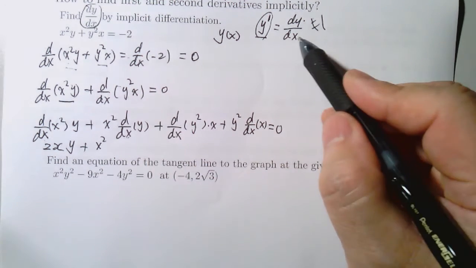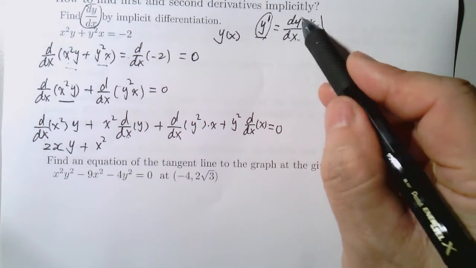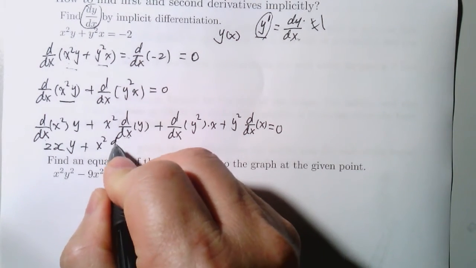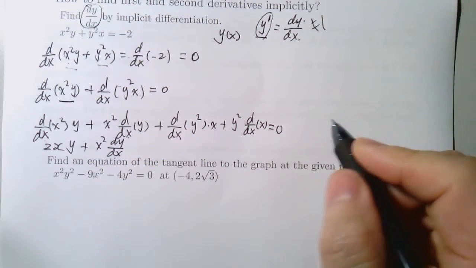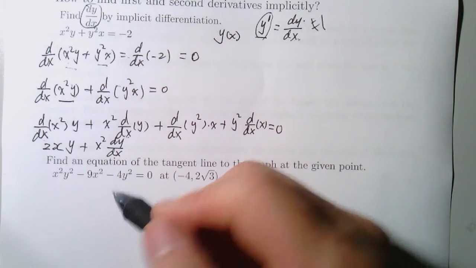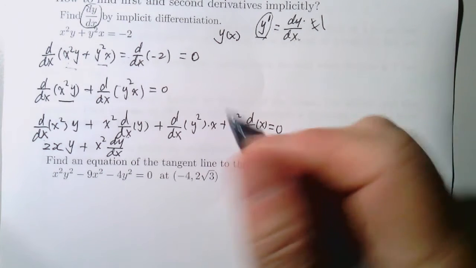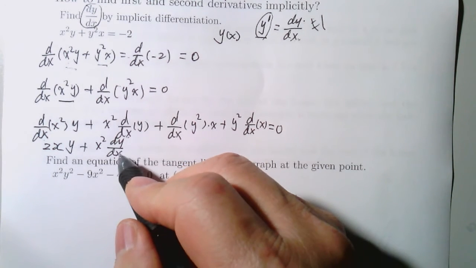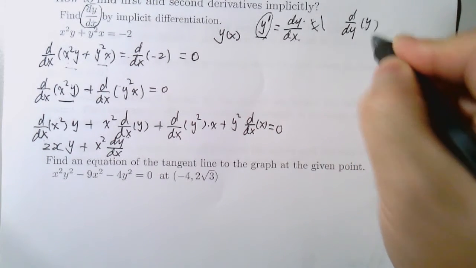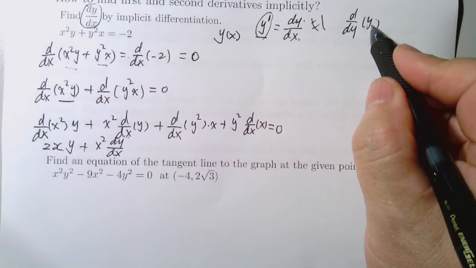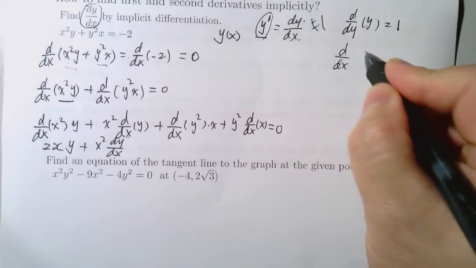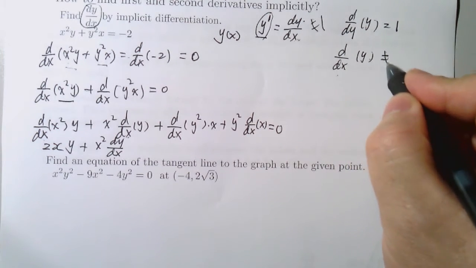If you treat this as a fraction, the numerator and denominator are obviously not the same, so you can't say it's equal to 1. Quite often people get this part wrong, saying dy dx also equals 1 because they just say y prime is 1. If you have dy dy like this, taking the derivative with respect to y, it equals 1. But if you take the derivative with respect to x, it does not equal 1.